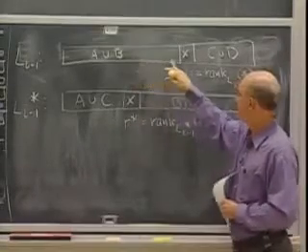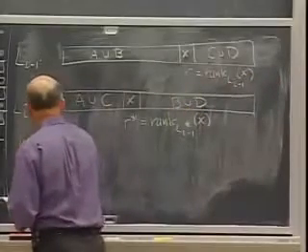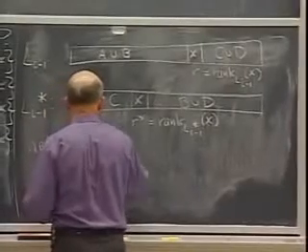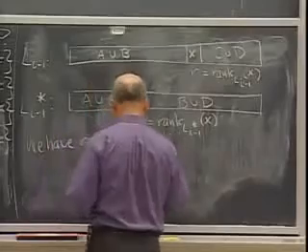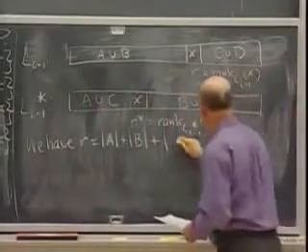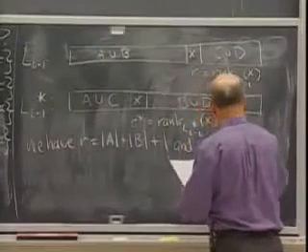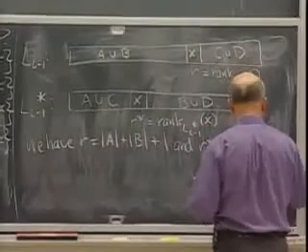We have that r is equal to the size of A plus the size of B plus 1, and r star is equal to the size of A plus the size of C plus 1.